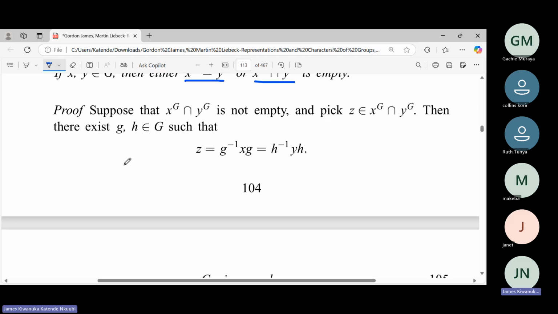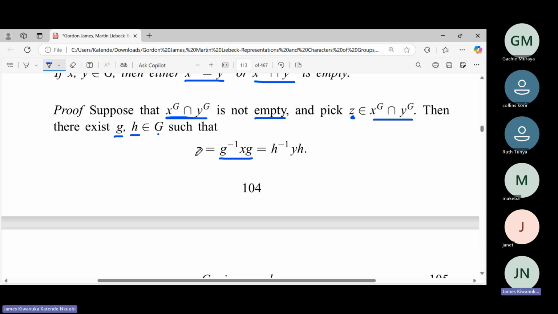To prove this, first of all, let's suppose that they are not disjoint. Suppose you have two distinct conjugacy classes and the intersection is not empty. That means there must be some element Z in the intersection, which should be in both the conjugacy class of X and the conjugacy class of Y. From the definition of conjugacy, you can find two elements G and H from the group such that Z can be written as G inverse XG.